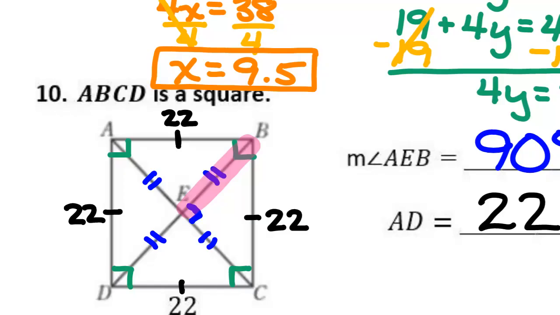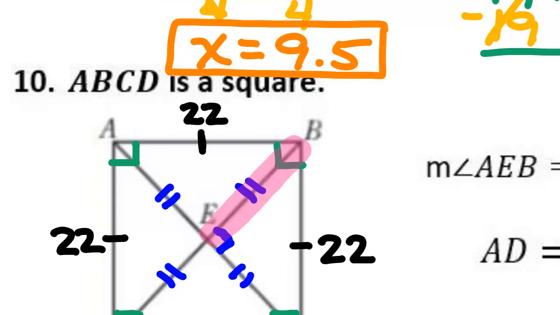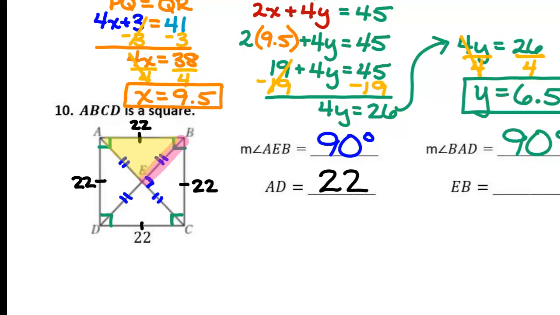I want you guys to look carefully with me at this. Do you guys see that yellow triangle that I just highlighted? What kind of a triangle is that yellow triangle? It's an isosceles right triangle.